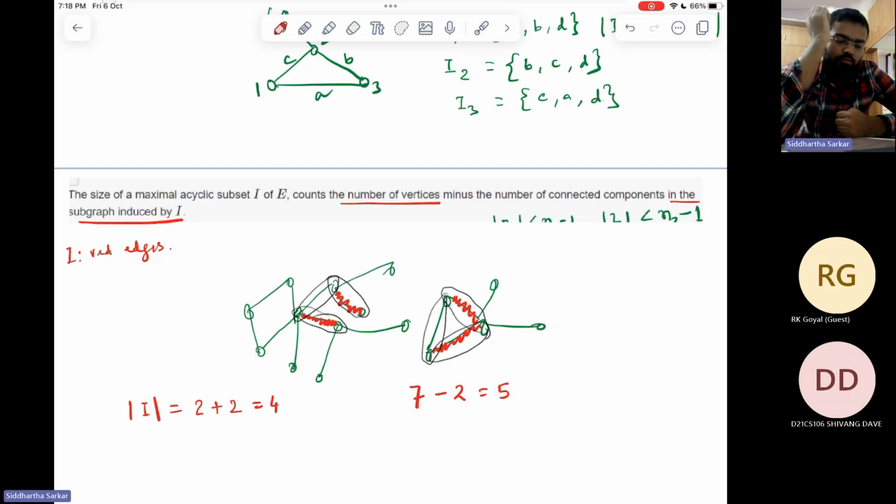How many connected components are there?